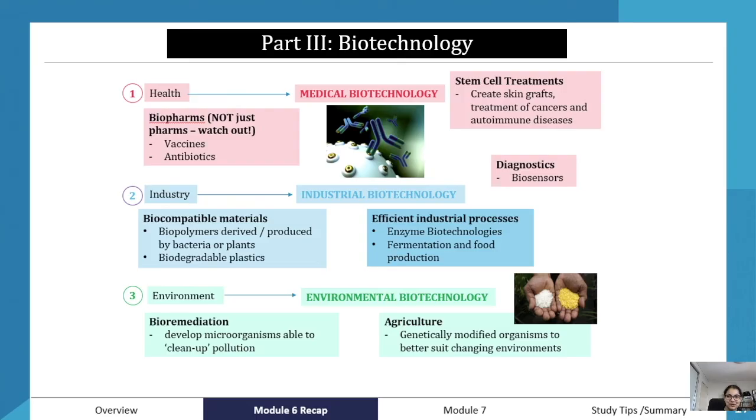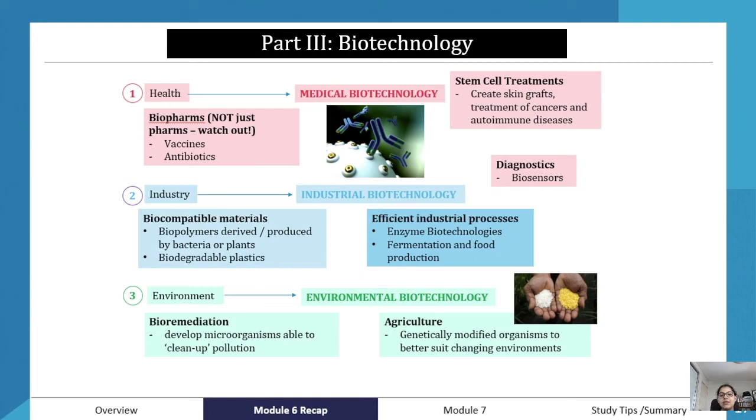Having now gone through the pandemic, we are all very aware of vaccines and antivirals, and how they've played a huge role in curbing the pandemic. There are also stem cell treatments that are being developed, and some have been developed, and that includes skin grafts, treatment of cancers, and autoimmune diseases.